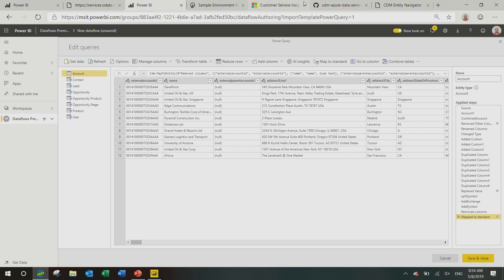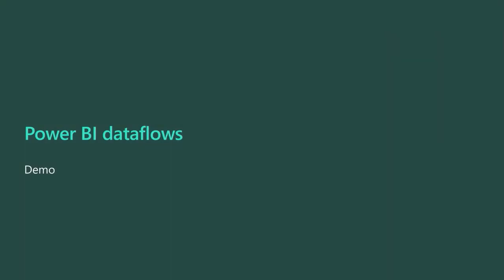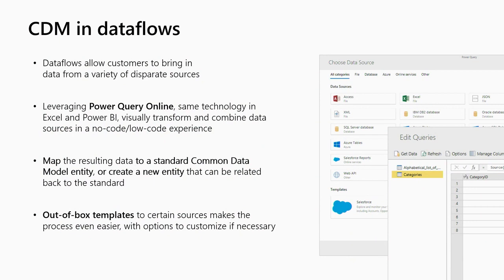So with that, let's switch back to the deck. Just a quick recap of the Common Data Model, and one example of how it's in use in Dataflows. The way it showed up was as part of these prepackaged templates where, as one of the steps, it maps to one of these well-defined standard entities that have a certain context of meaning, such as a sales order, a contact, or a lead and opportunity.